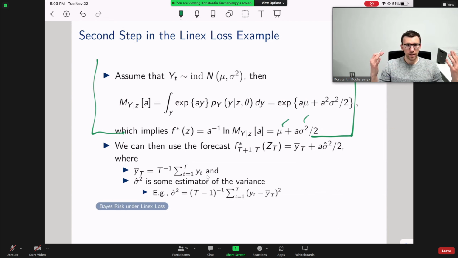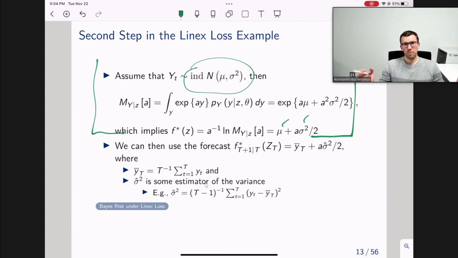We just assume that the data generating process is this, so it's normal up to unknown parameters. But then we need to estimate the parameters. Once we have the estimated parameters, we are done. We can do the forecast. But where do we get the estimated parameters?